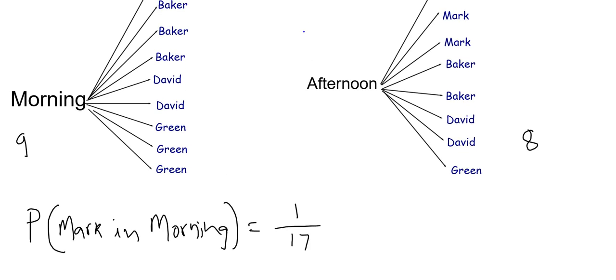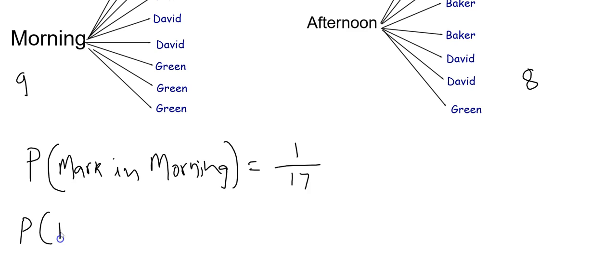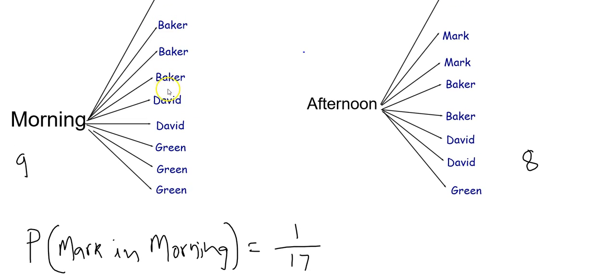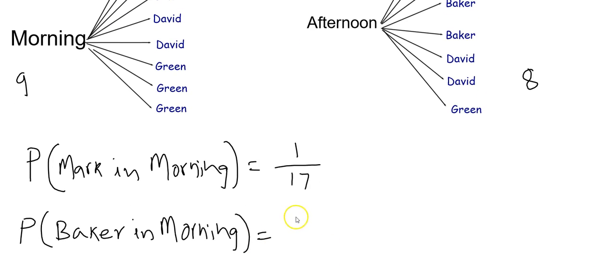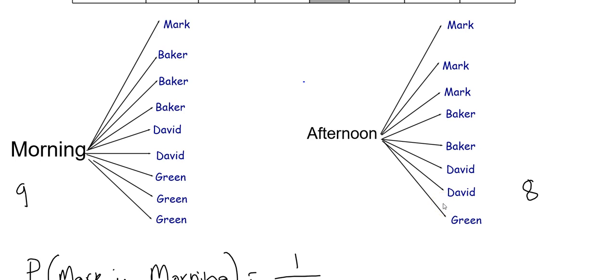And if I want to find the probability of Miss Baker teaching computer science in the morning session, the probability of Baker in the morning is equal to 3 out of the total computer classes, that is 17, since in the morning we have Miss Baker 3 times. Similarly, for Miss Baker teaching in the afternoon, we have 1 and 1, that is 2.